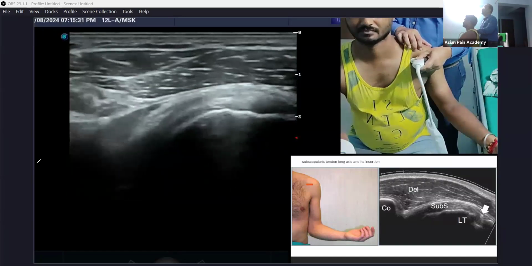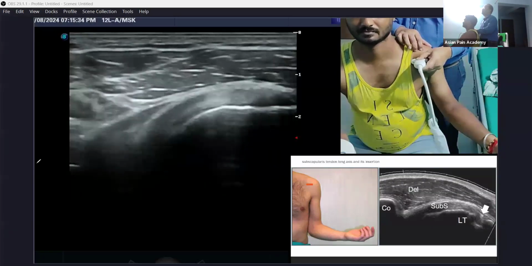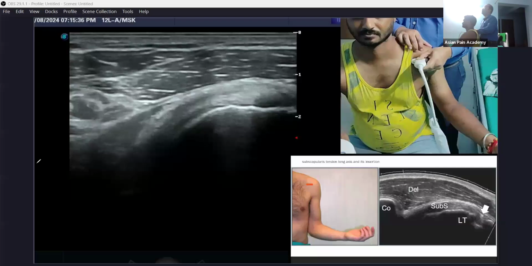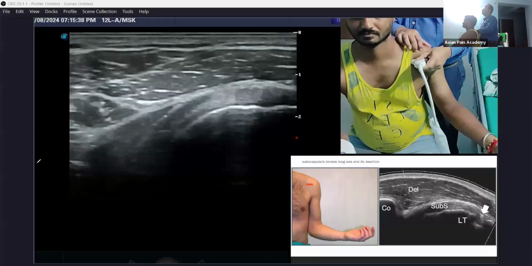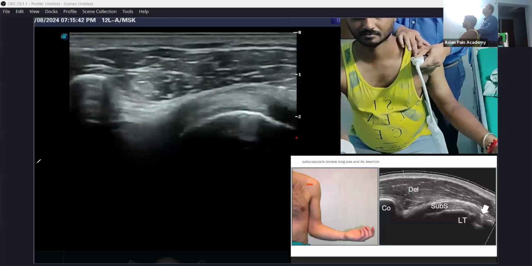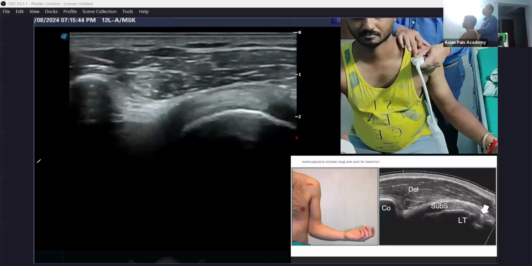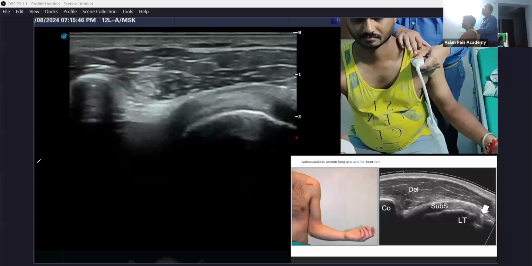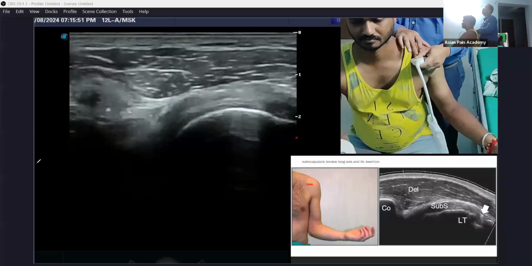If I go more medially, then I can see clearly that the myotendinous junction is there. Black white structure we can see in the left side, and just above in the left side the coracoid process bone is coming.